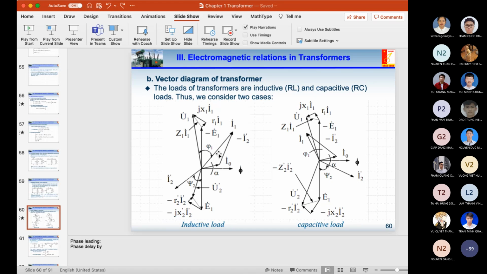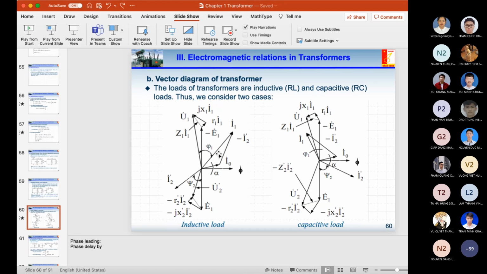Of course there is no load current flowing in the secondary winding of the transformer, but the secondary winding still gets electromotive force E2, and in W1 we also get electromotive force E1.